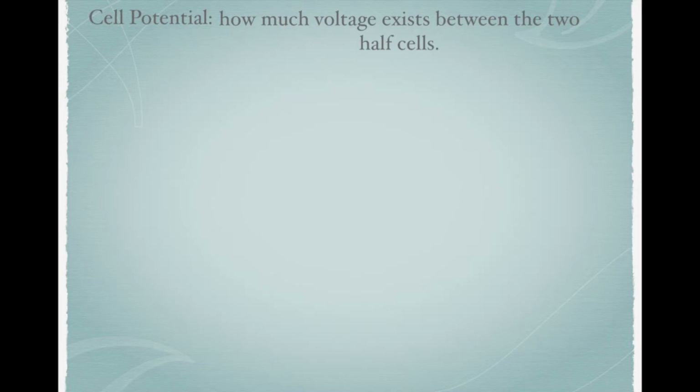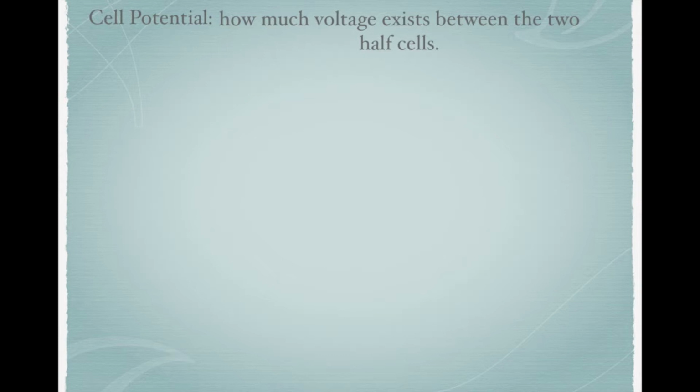Okay? So we will be able to find the cell potential for a reduction reaction and for an oxidation reaction. And if we add those 2 values together, we can find the overall cell potential for the overall reaction once you have your oxidation and reduction reactions added together.